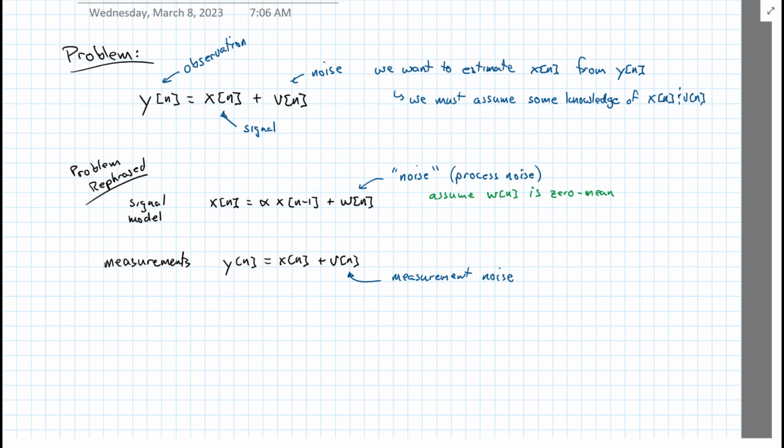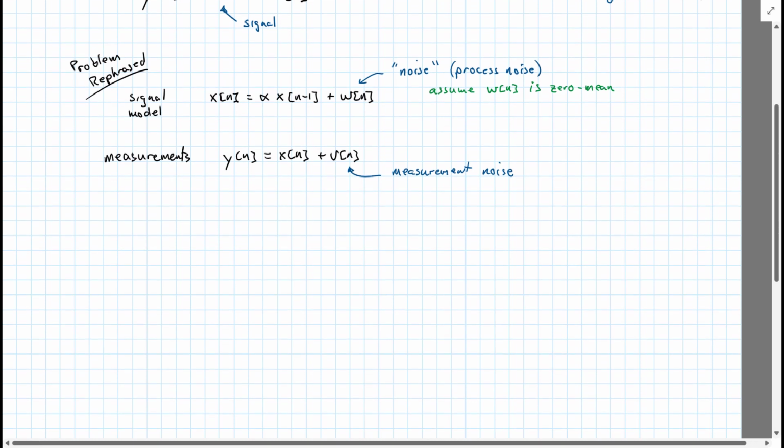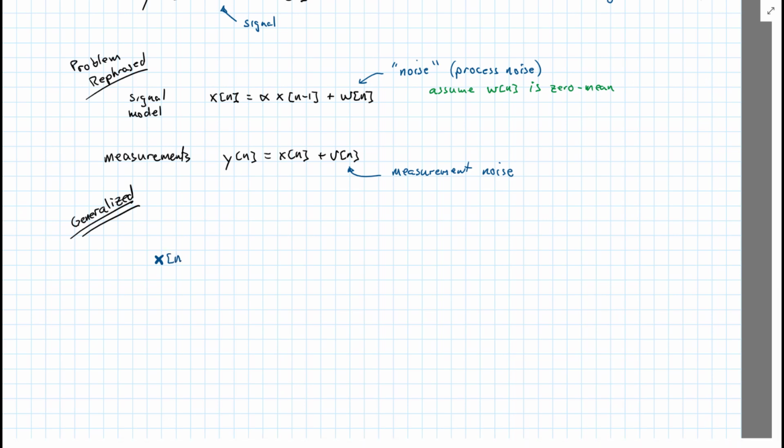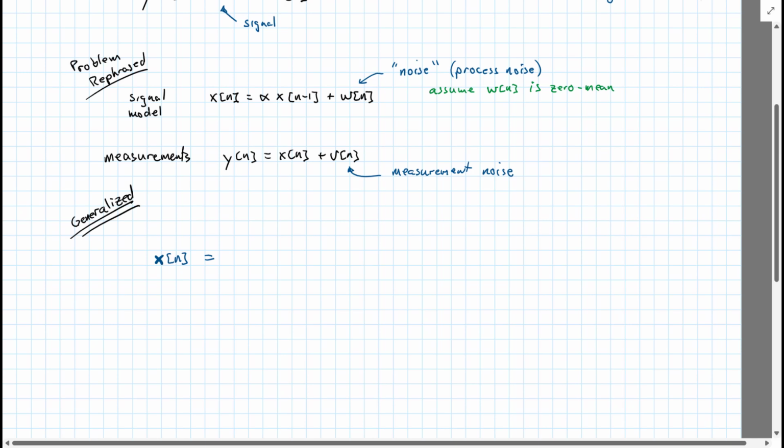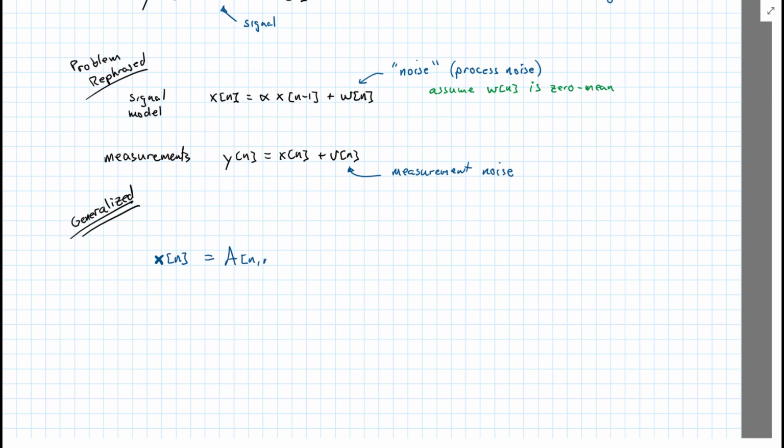However, this tells us something. Let's go ahead and generalize this once more, and we'll get now to what's actually going on with the Kalman filter. The first thing we're going to do in our generalization is assume that we now have not just single signal samples that we are trying to work with, but actually we have vectors.